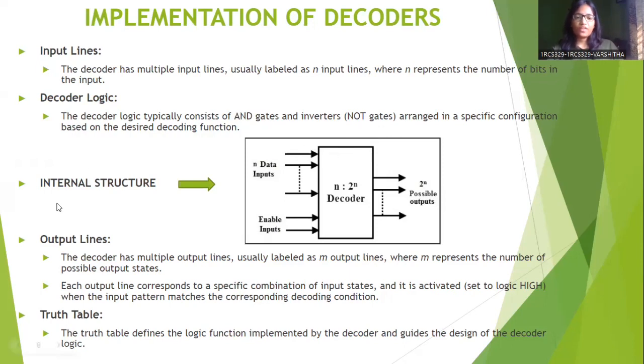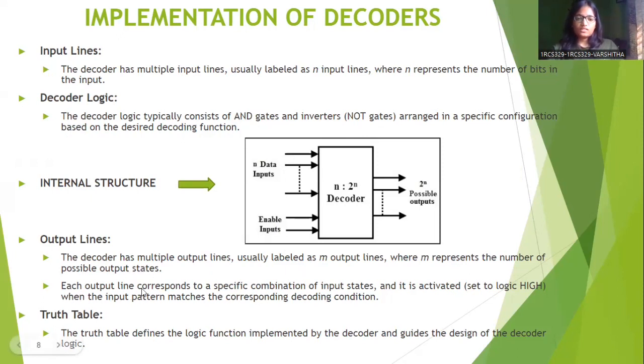Output lines. The decoder has multiple output lines, usually labeled as M, where M is equal to 2 to the power of N, where N is the number of input lines, and M represents the number of possible output states.